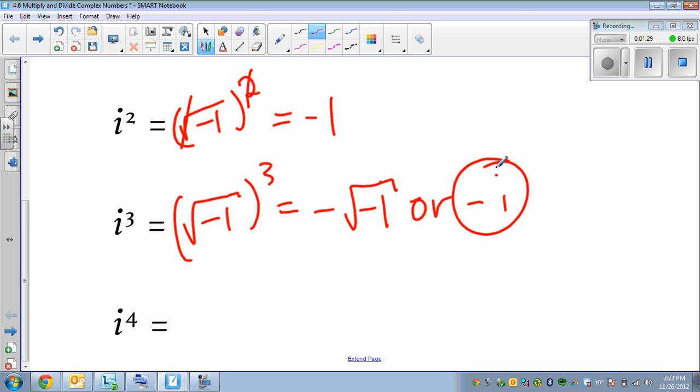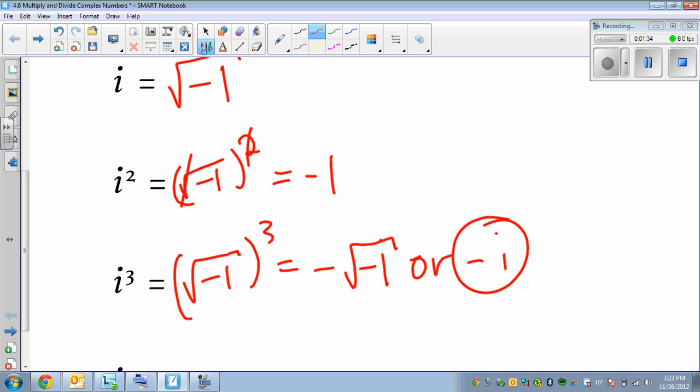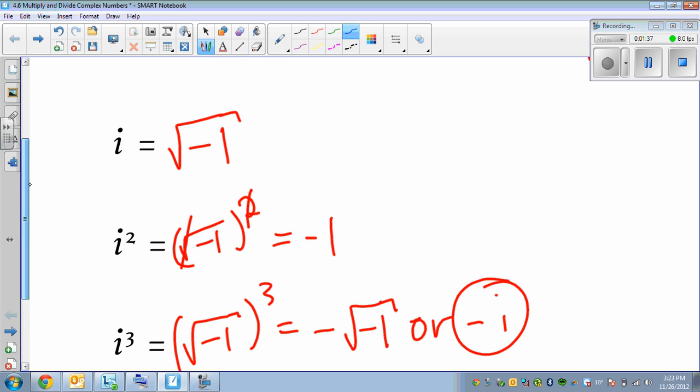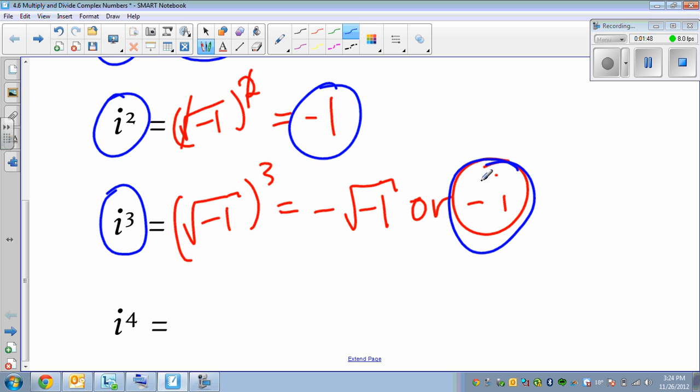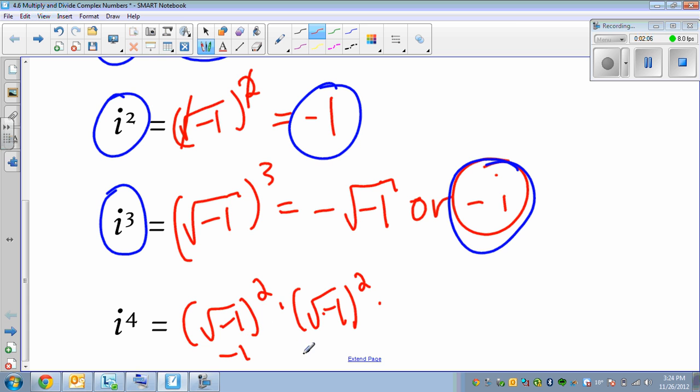So i to the third is really just negative i. i to the fourth, here, I'll circle these in blue. So we're just doing some simplifying here. i is the square root of -1. i squared is -1. i to the third is negative i. And i to the fourth is the square root of -1 squared times the square root of -1 squared, which these are both -1.